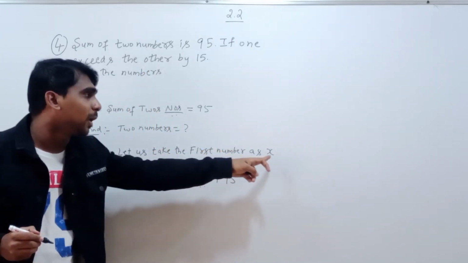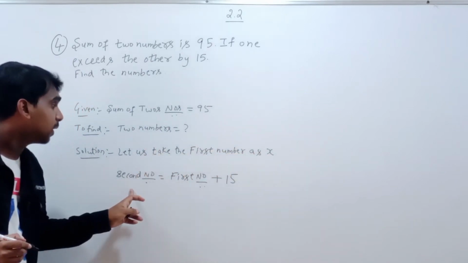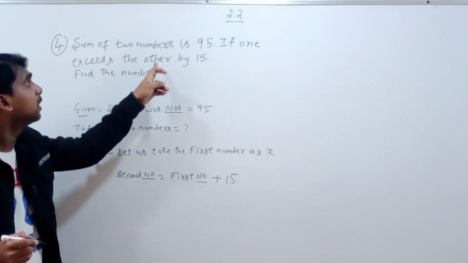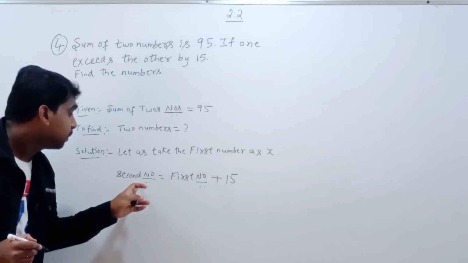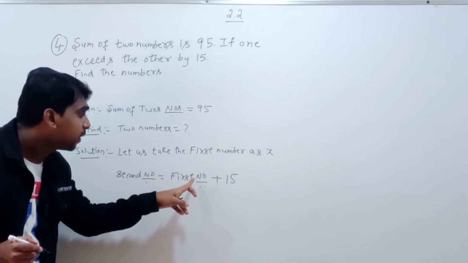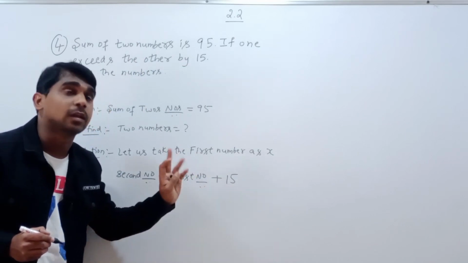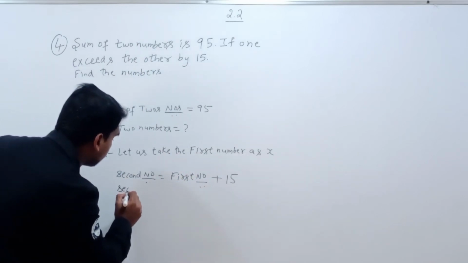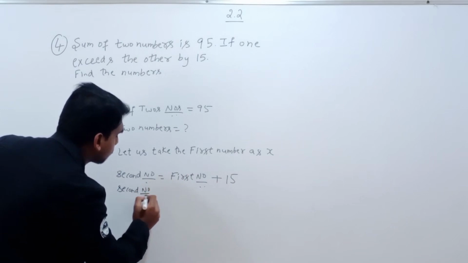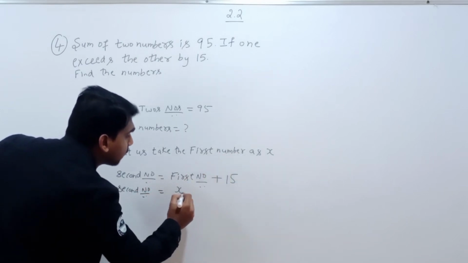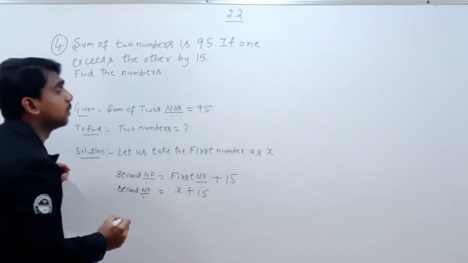So first number we have taken as x and the second number, they have given, exceeds the other by 15. That means second number exceeds the first number. Exceed means more. More by how much? 15. Now, second number will be first number x plus 15.